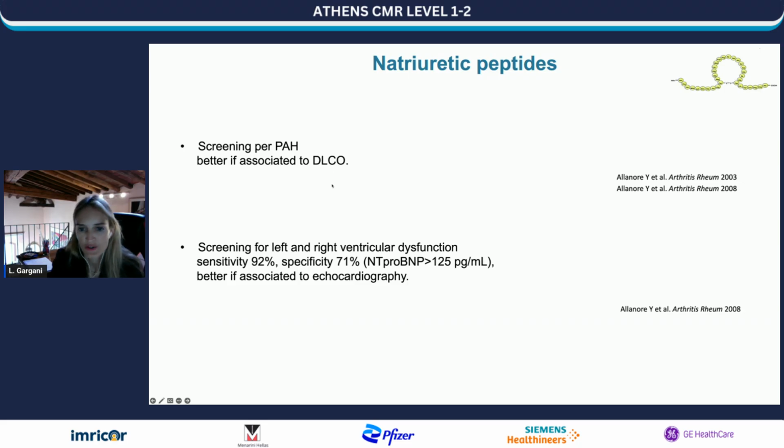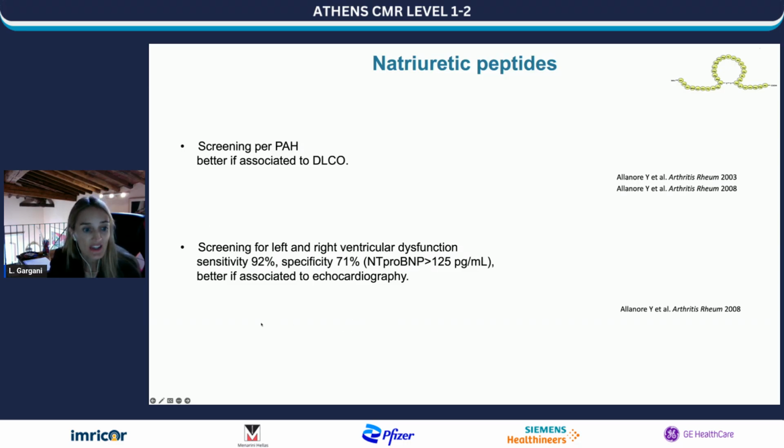And of course, in general, we never want to rely on just one biomarker. We must put these biomarkers in the context of the clinical patient and together with other numbers, together with other instrumental exams that we are doing in these patients.